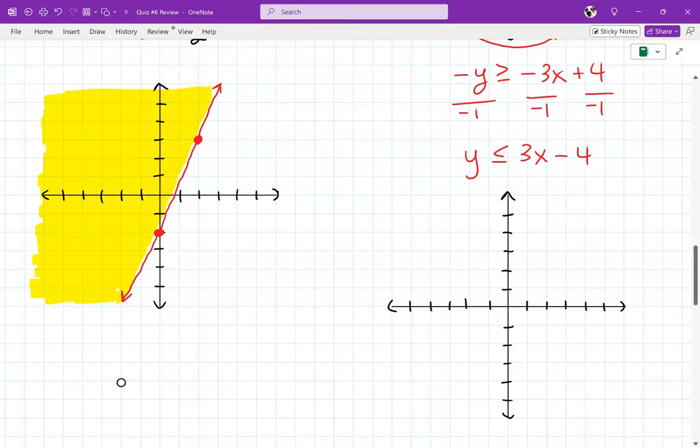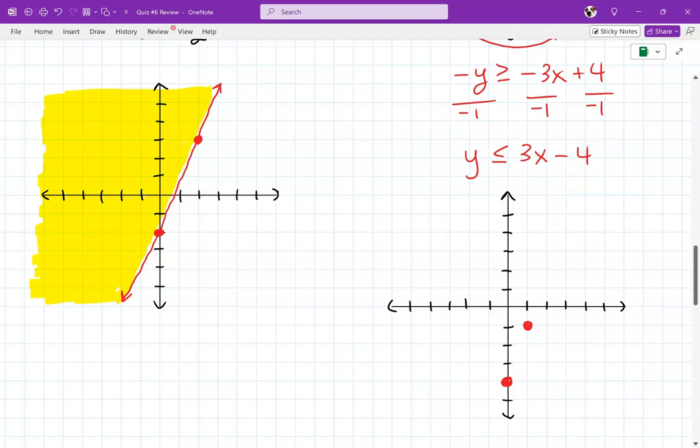I'm supposed to start at my y-intercept, which is negative 4. My slope is 3 over 1, so I go up 3 and once to the right. So 1, 2, 3, once over.